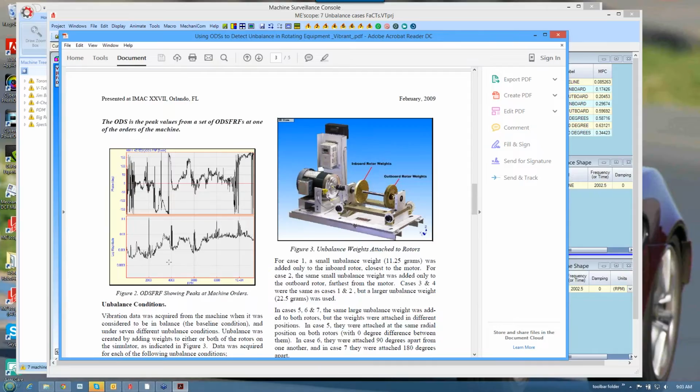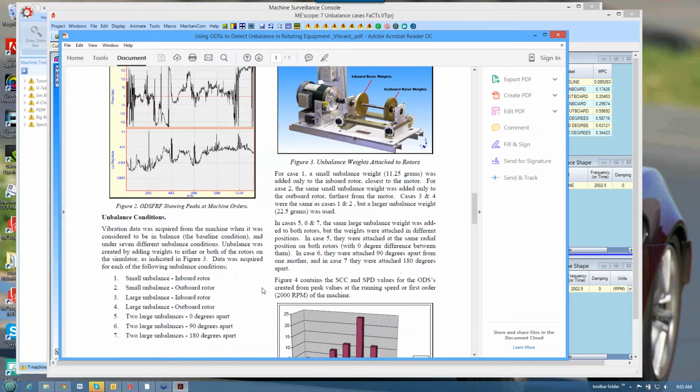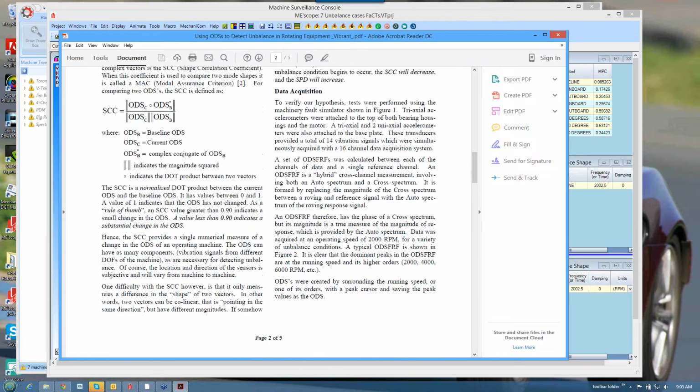We do further processing on this data in ME-Scope to clear up the ODS. But basically, we're grabbing data at the peak values of, this is an auto spectrum, and then we have the phase of the cross spectrum between each of the test points and a reference test point. So that's how we get this ODS data in ME-Scope.